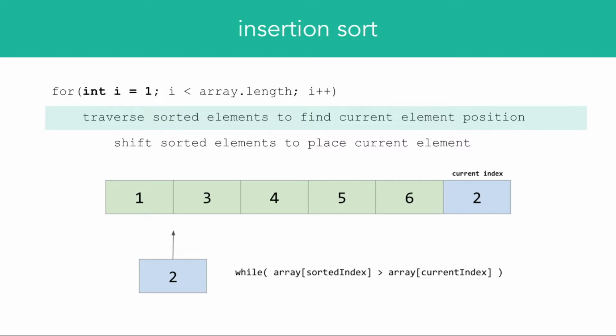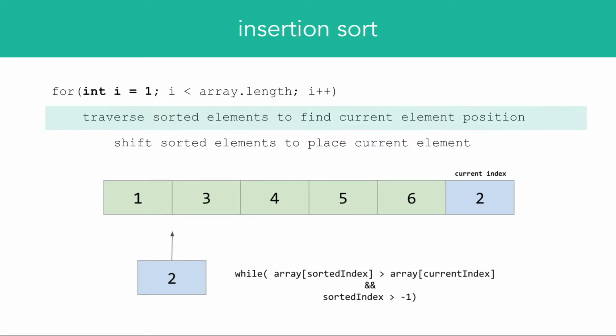This necessitates a while loop because we do not know how many spots the current index needs to travel, but that it should keep going until it finds a value lower than it. This states that while the sorted index values are greater than the current index value, the current index should continue to shift. We also need to include sorted index greater than -1 so that the sorted index doesn't continue searching after the list reaches index 0.